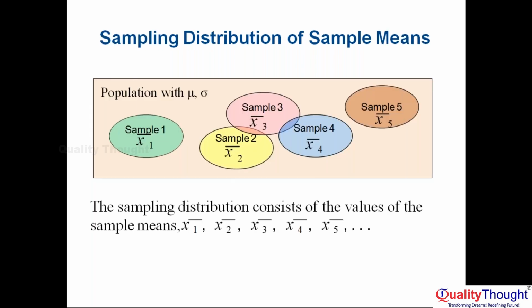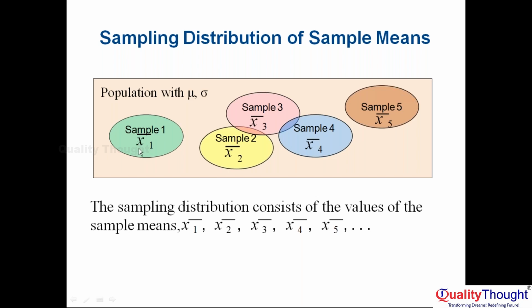The sampling distribution of sample means. If the entire rectangle is a population with a mean and a standard deviation, you can see the different samples that we can pick from the population data, and the sampling distribution.